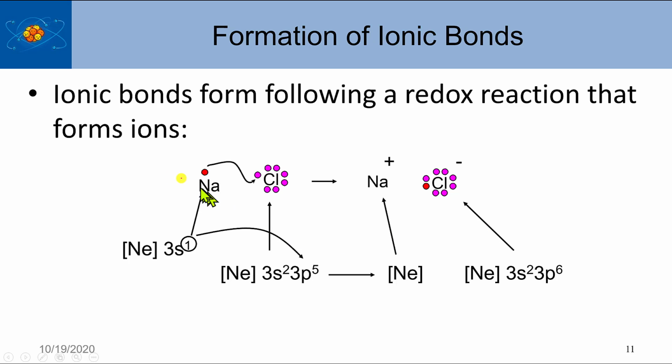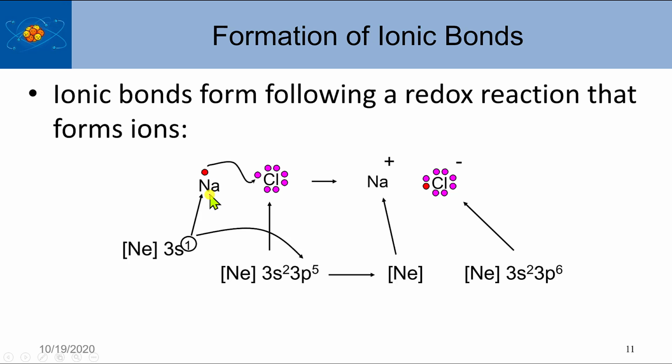So we can imagine how ionic bonds form between sodium and chlorine atoms. Now you have to remember this is actually Cl2. It comes from Cl2, and we'll talk about that in a bit when we do our detailed description.